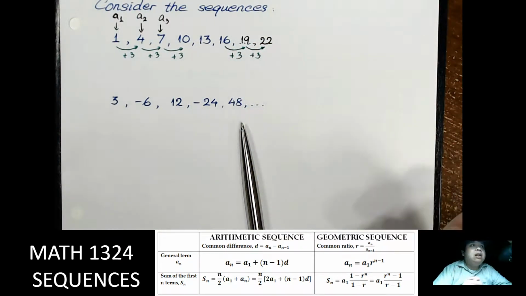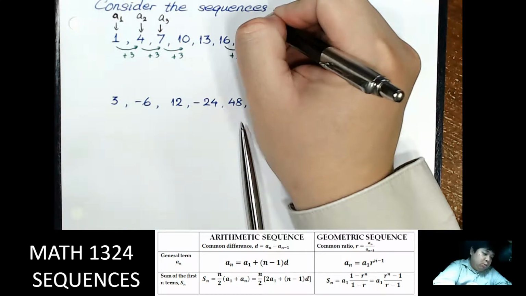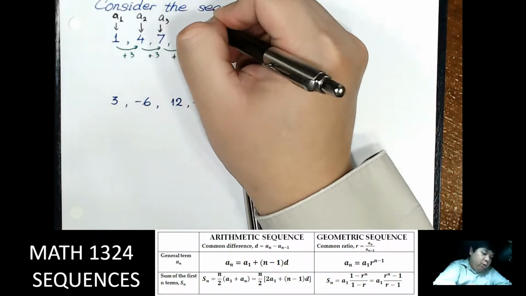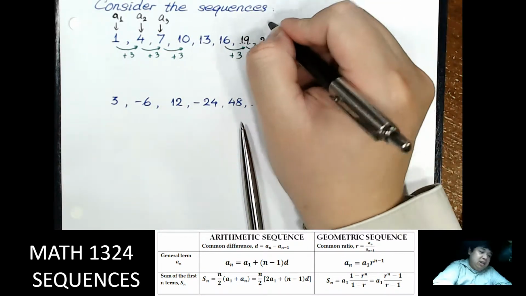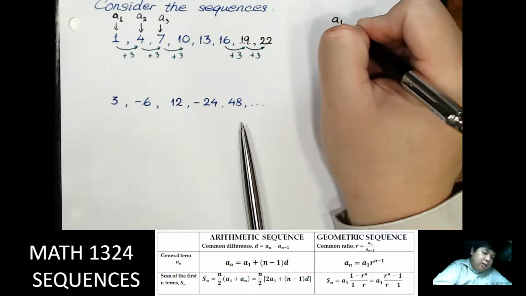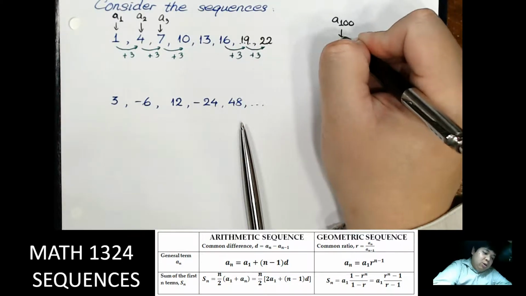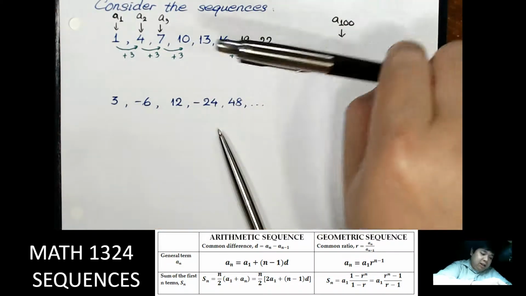Right, that's easy. So of course we can write that as a1, 2, 3, 4, 5, 6, 7, 8. That's a sub 8. But my question is, if we have to go to 100, then what's going to be this term here?